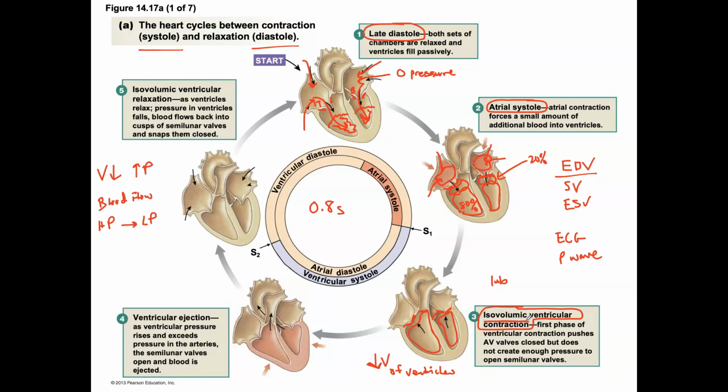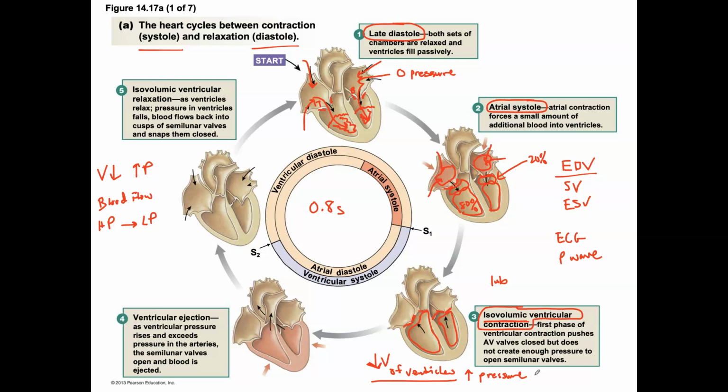Okay, the volume of blood cannot change. But since the volume of the ventricles, right, the chamber, is getting smaller, we're increasing the pressure of the blood inside the ventricles. And so if the pressure is going up, eventually we'll be able to move blood out of the heart.